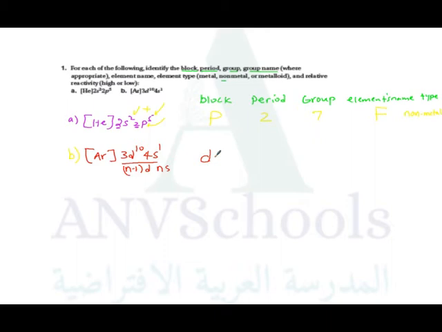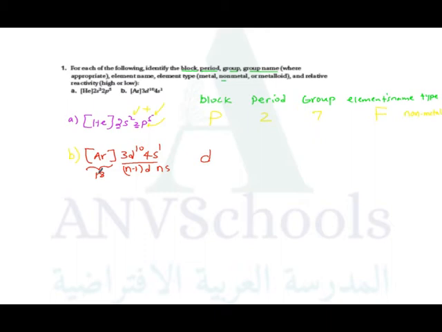The atomic number for argon is 18. So 18 plus 10 is 28, and 28 plus 1 is 29. So this element has 29 electrons, or 29 protons.